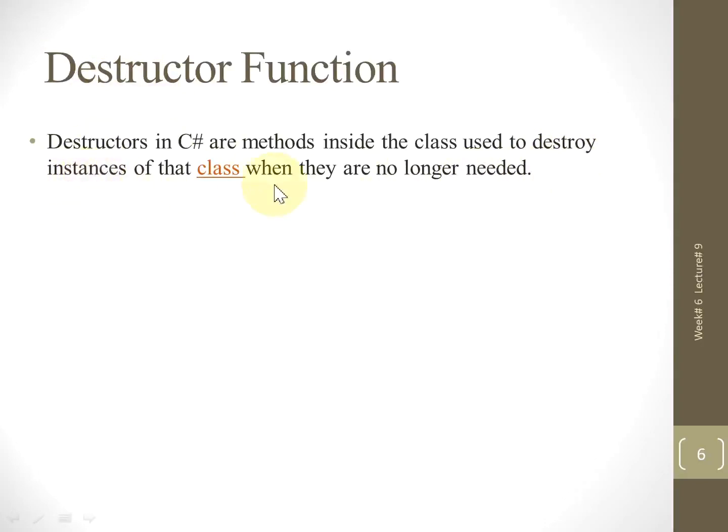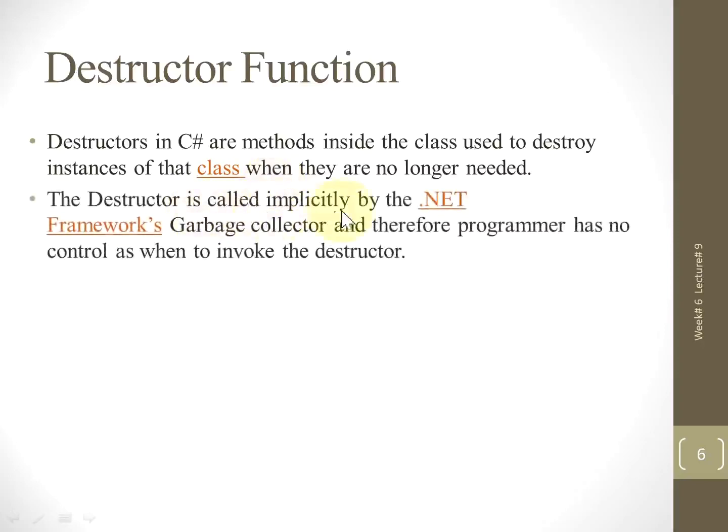At the end, when we have no further use of the object, that object will be destroyed, and everything within the object will be released, let's say the memory, the values, or anything else. The destructor is called implicitly by the .NET framework garbage collector, and therefore the programmer has no control over when to invoke the destructor function.